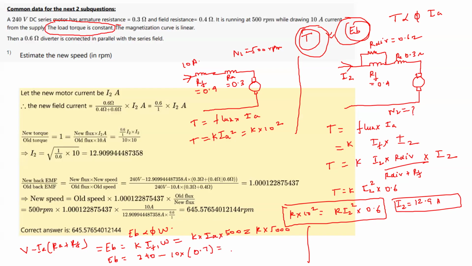So 240 minus 7 means 233. This is proportional to K into 5000, because we have already taken K, so K into 5000.